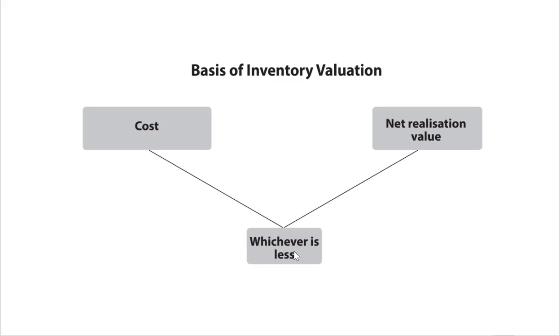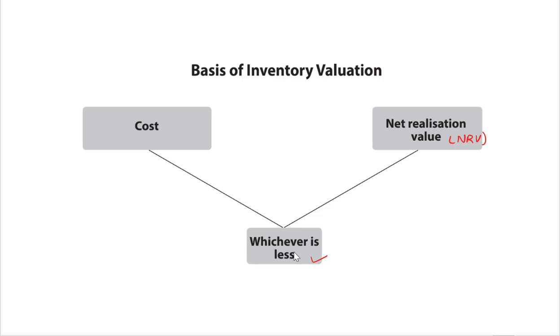Basis of valuation of inventory. How will we value the inventory? We need to calculate the cost. We will calculate the net realizable value, NRV, and we will value the inventory on the basis of cost or NRV, whichever is lower. The principle of consistency is not followed over here.